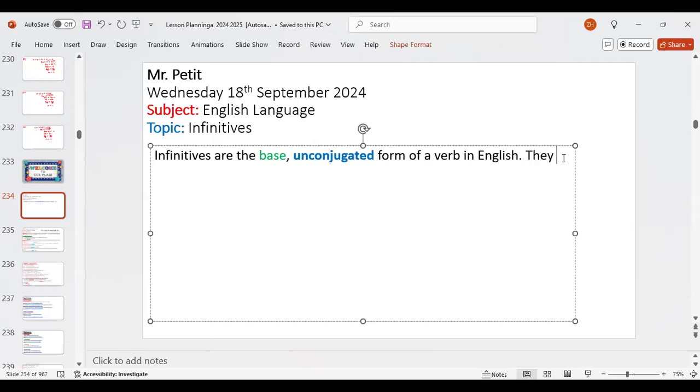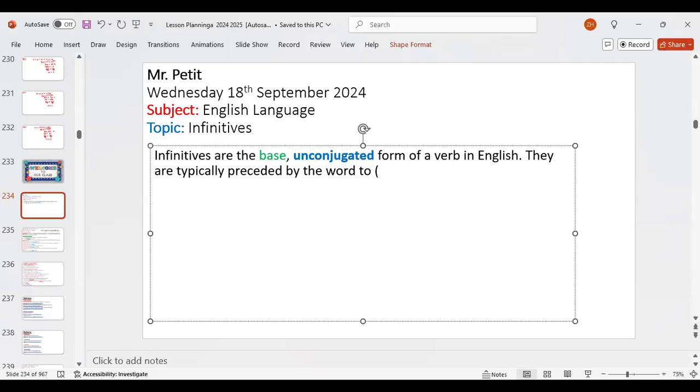They are typically preceded by the word to. So typically before you have the infinitive, you have to. To typically comes before them. And then you would conjugate that.